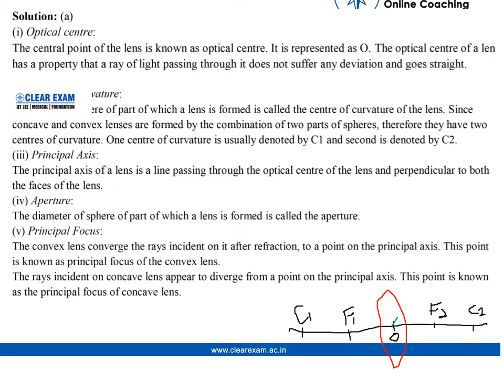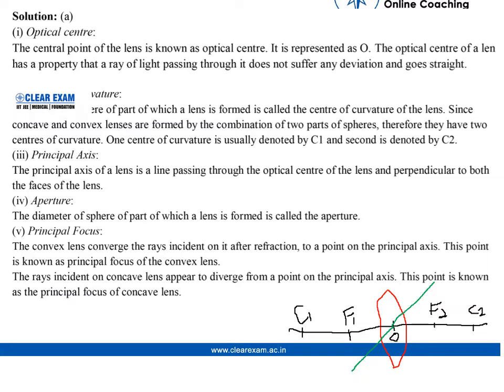What does it mean? Okay, so here this is a ray, green color. So when it is passing through the optical center, it is not experiencing any deviation.